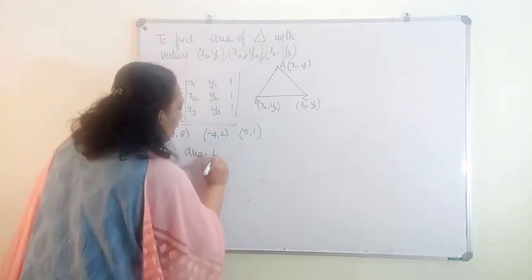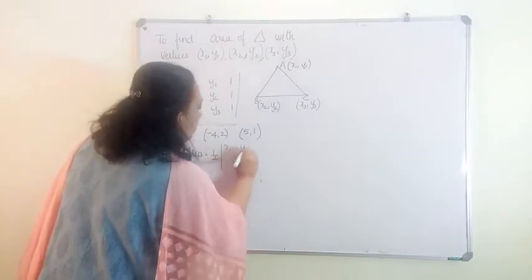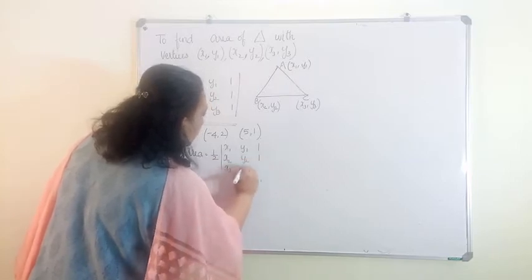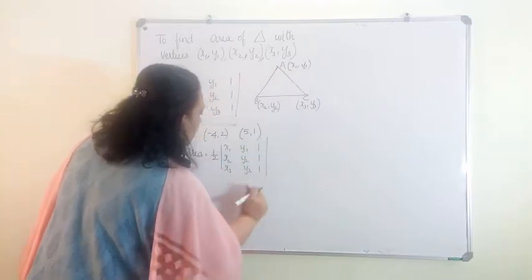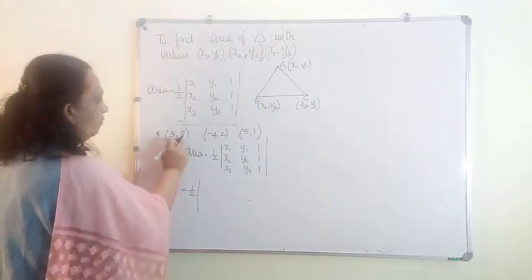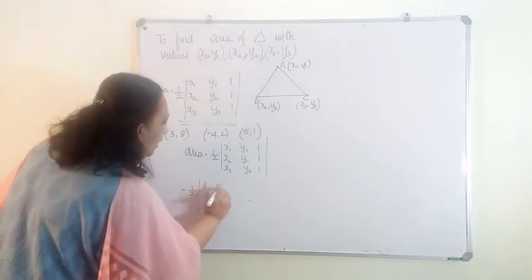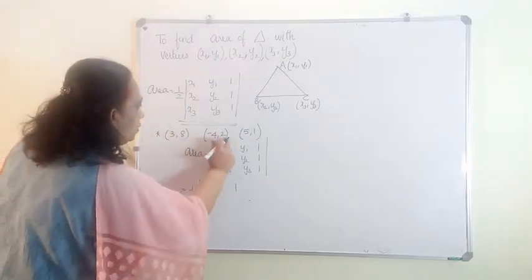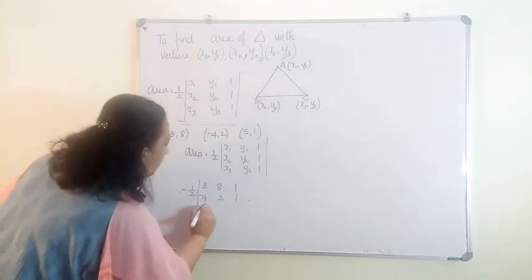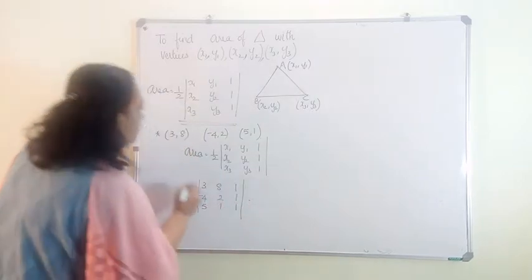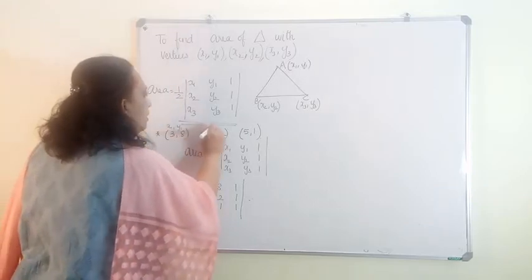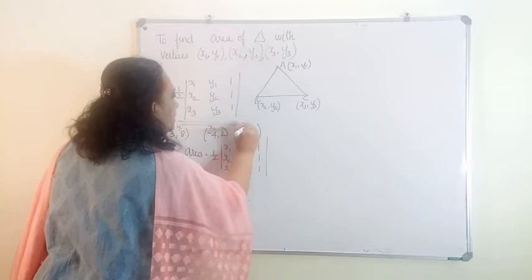Area is equal to half into determinant x1, y1, 1, x2, y2, 1, x3, y3, 1, which is equal to half into determinant 3, 8, 1, minus 4, 2, 1, 5, 1, 1. If you are in confusion, you can write small letters x1, y1, x2, y2, x3, y3.